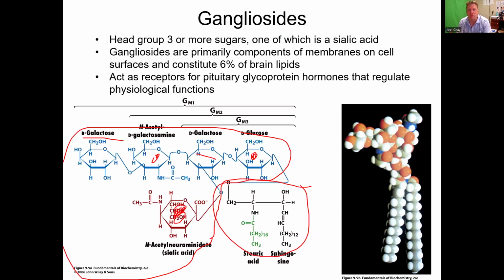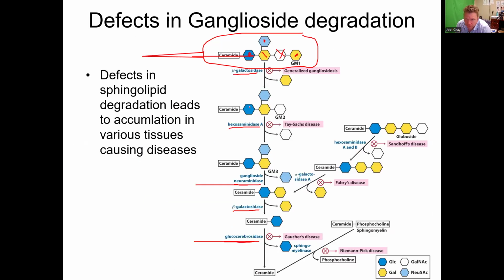That ceramide is supposed to be left at the end of it all. What happens is some of these different enzymes are inhibited or non-functional. In the case of beta-galactosidase, if this enzyme is non-functional, it's going to lead to a developmental disease known as generalized gangliosidosis.